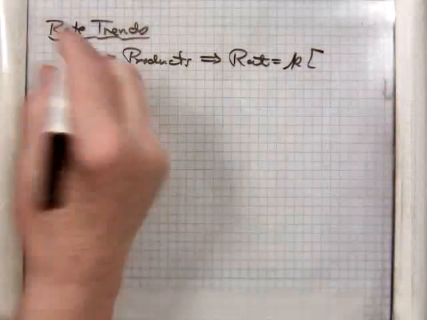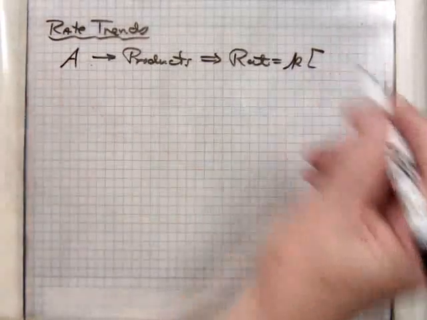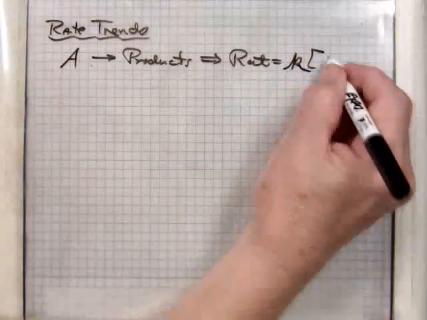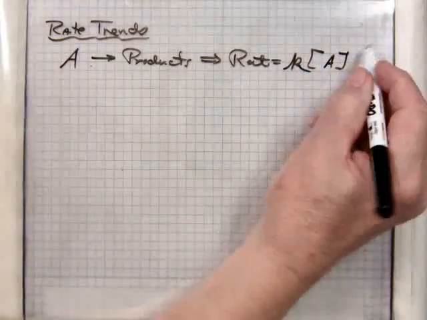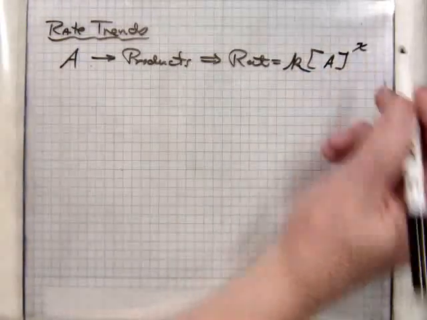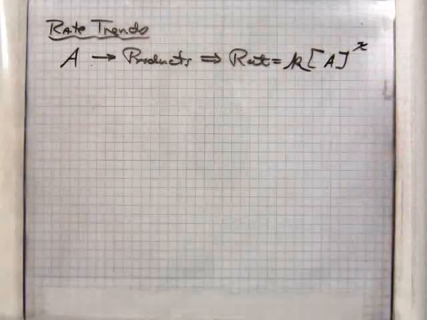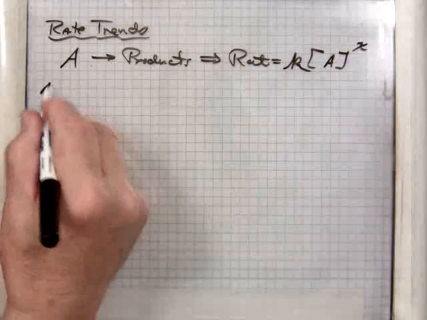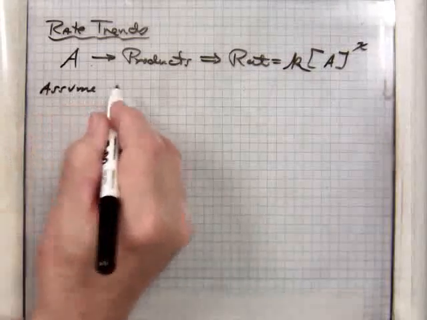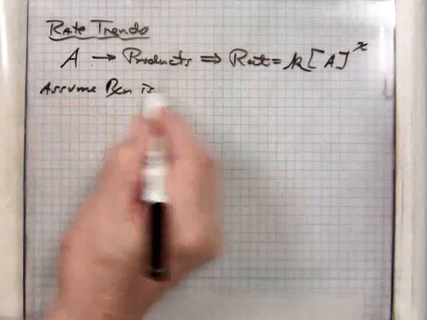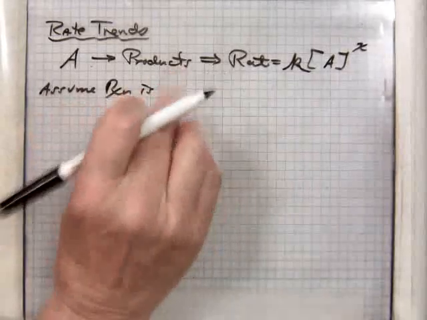Let's change that to capital A, because that's what it usually is in the book. Okay, A raised to the X power, the exponential power. Okay, so we wanted to run an experiment. Let's assume the reaction is first order. No, a 0 order reaction.